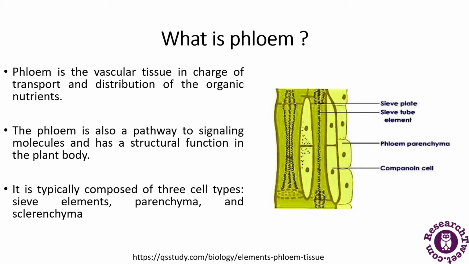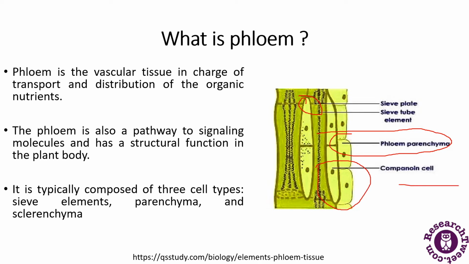So what is phloem? Here is a diagrammatic representation showing the phloem and some of its components. For example, this is the sieve tube, this is the sieve plate, this is the phloem parenchyma, and these are the companion cells.